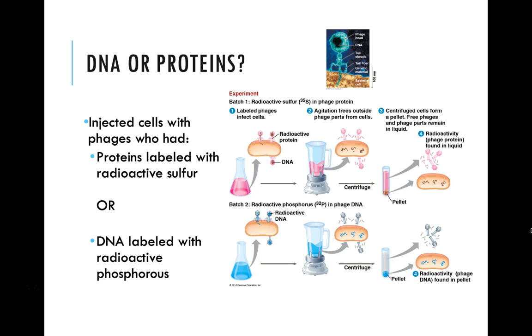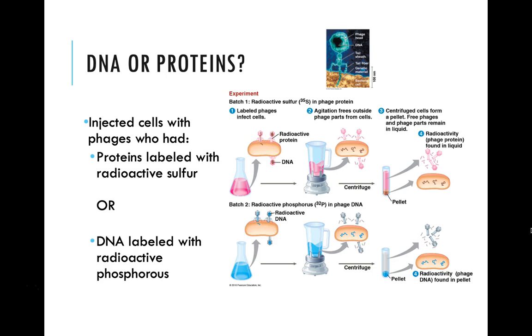In a second experiment, they labeled the phosphorus in DNA with a radioactive label. And again, they let the virus inject its DNA into the cell, and agitated it, knocked the viruses off the outside of the cell, and then looked to see what was left in the cell, or where their radioactively labeled information was.